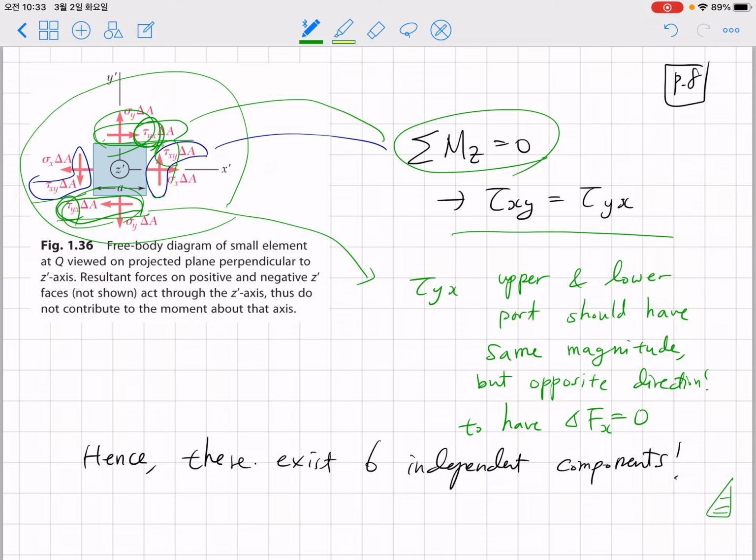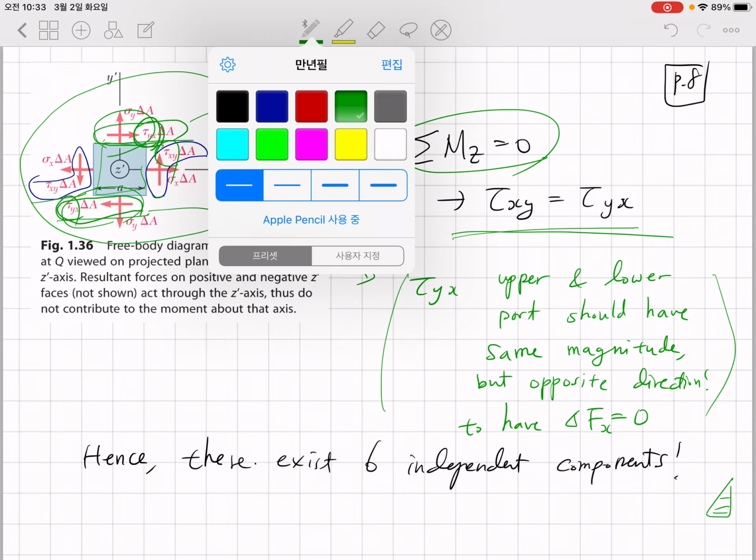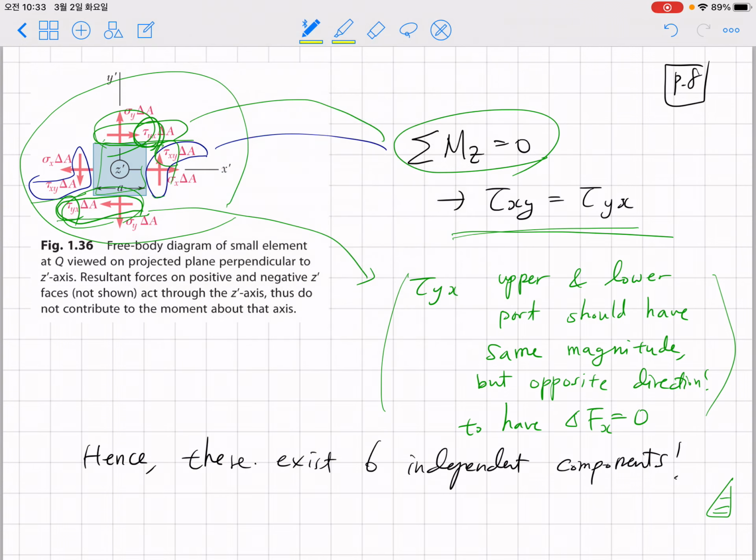Okay, so please remember that when you have this continuum potato and infinitesimal cube, you're going to have the same upper and lower values in opposite directions. And even though you consider a different plane, like if you consider this plane and if you consider this plane, you're going to have the same shear stress due to the moment equilibrium.